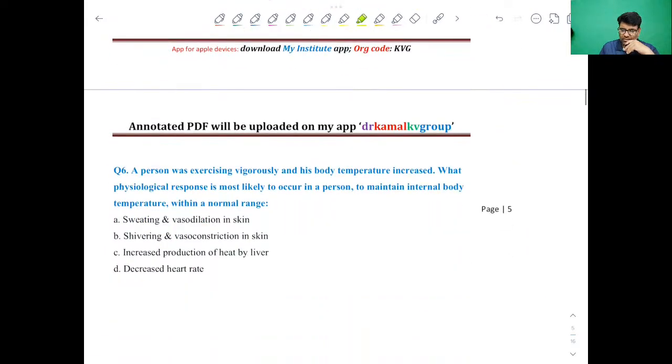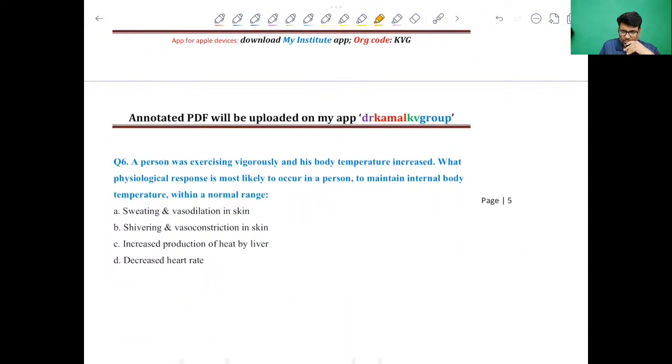Then moving forward to next question, a person is exercising vigorously and therefore his body temperature increased. Now what physiological response will occur in this patient as the body tries to maintain the body temperature within the normal range? So the body temperature is increased.